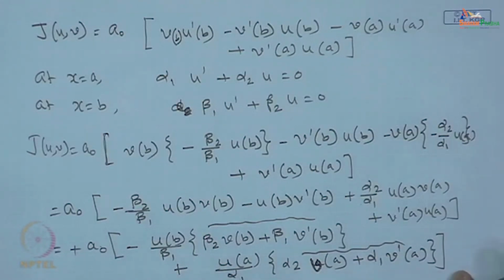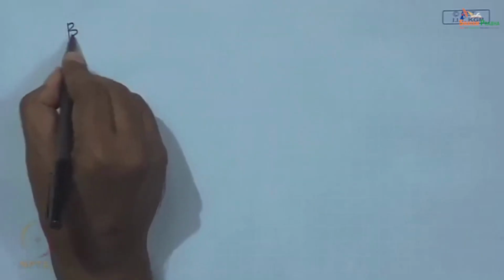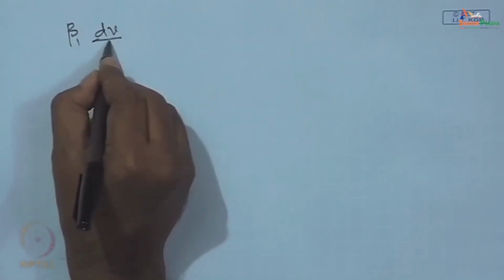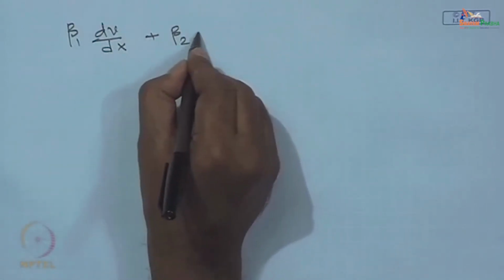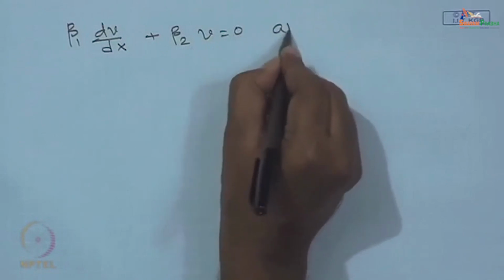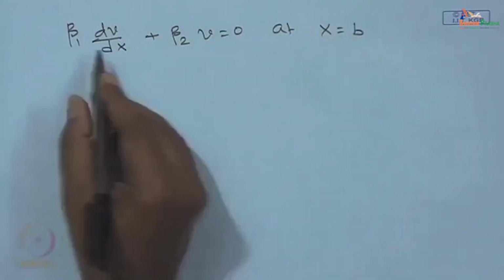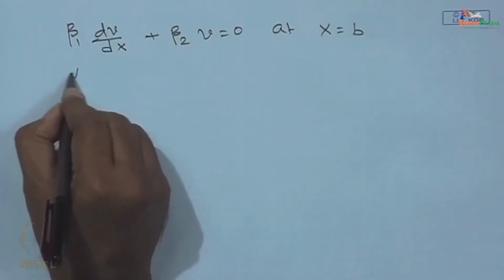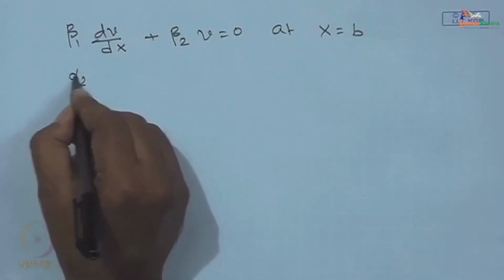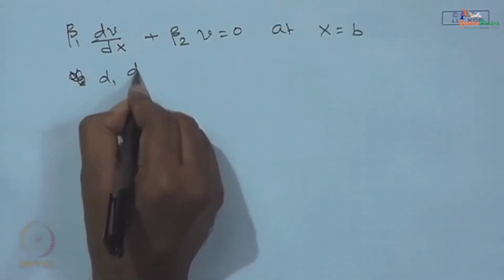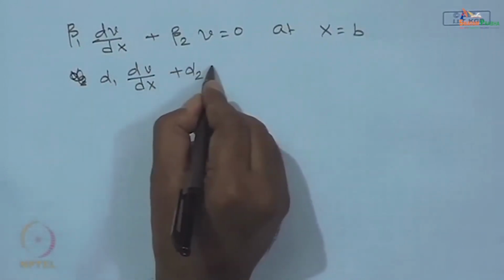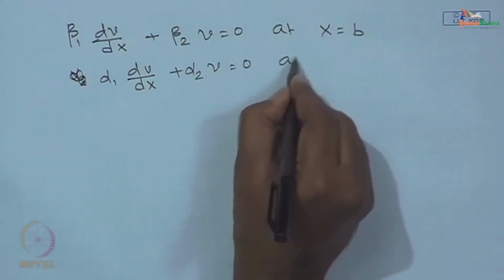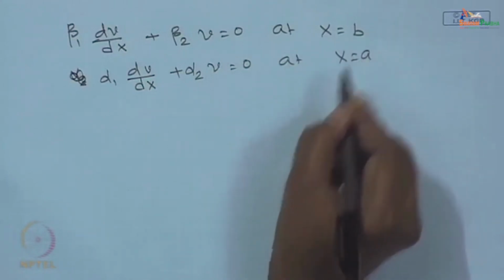If we do that, we get beta 1 dv/dx plus beta 2 v equal to 0 at x equal to b, and from the other one, alpha 1 dv/dx plus alpha 2 v equal to 0 at x equal to a.